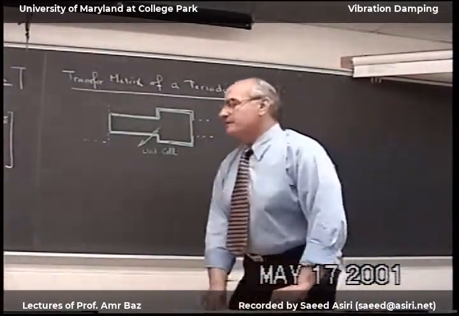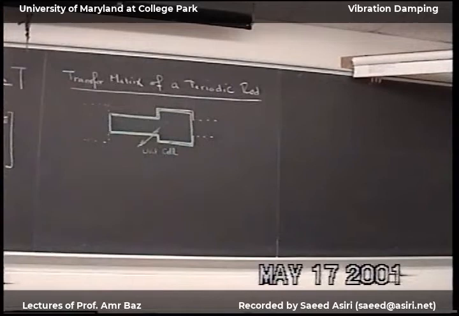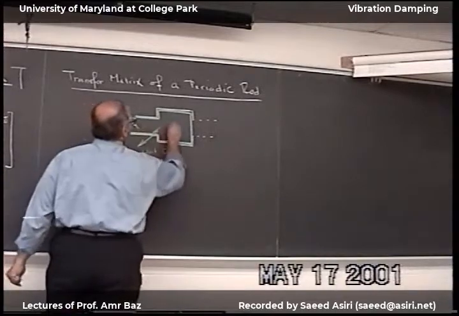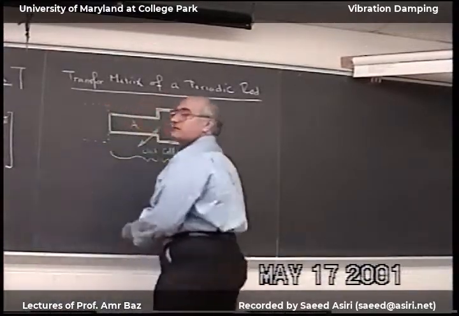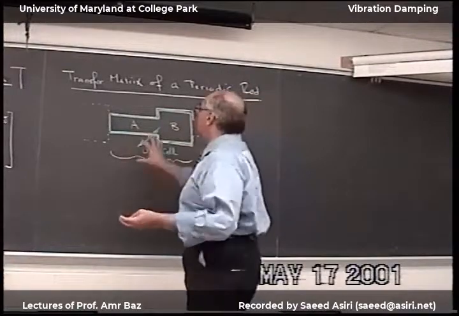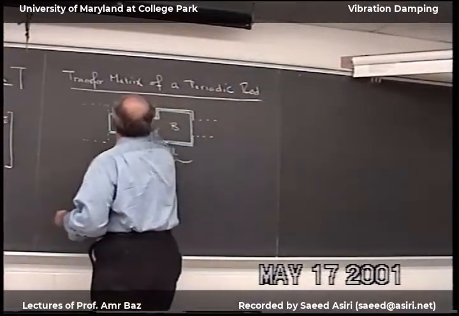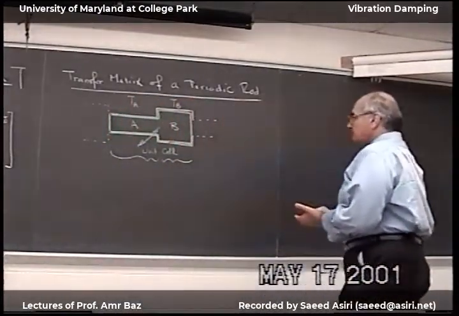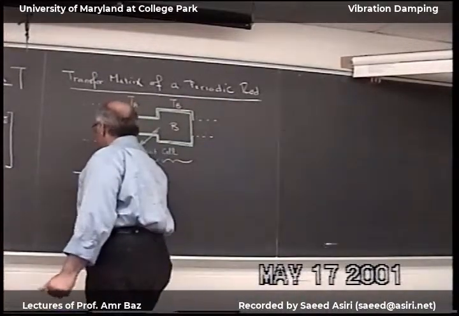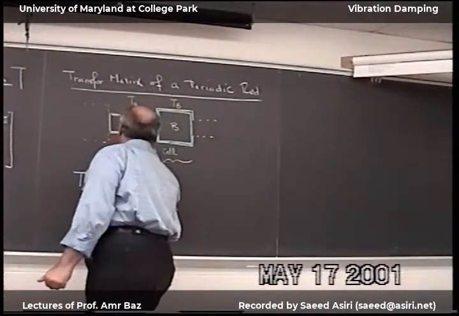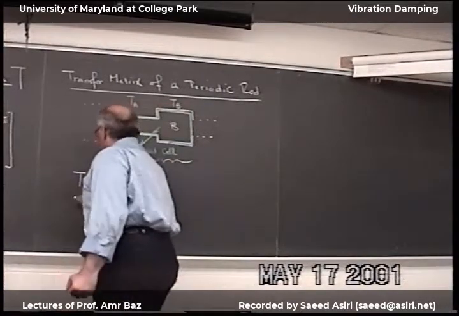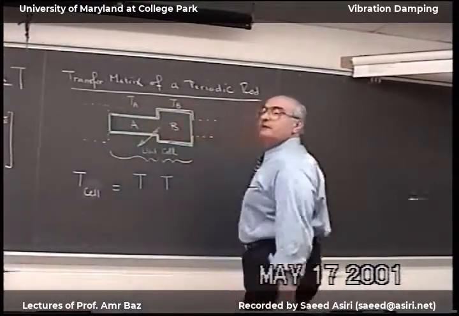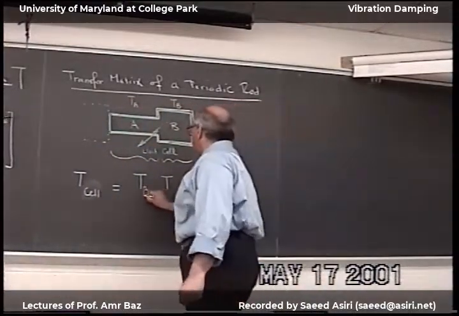So this is made of two pieces, and we call this piece A and B, and the entire rod is the combination of the TA and the TB, and we said T total of the entire cell is equal to the multiplication of these two matrices reversed, B first and then followed by the A.